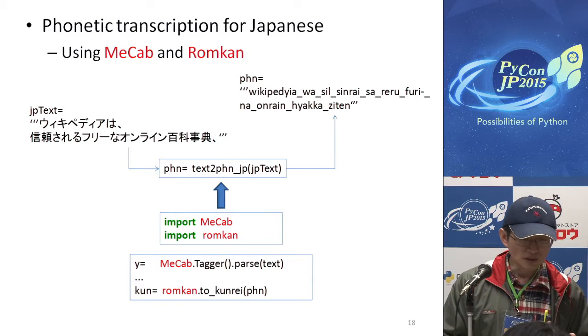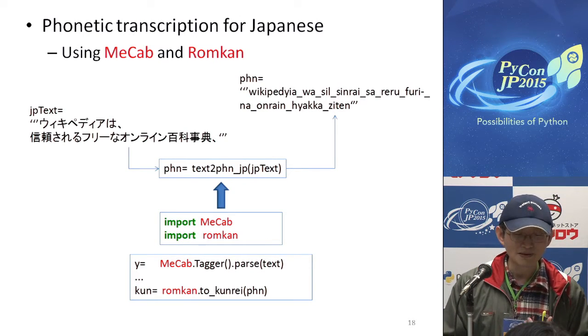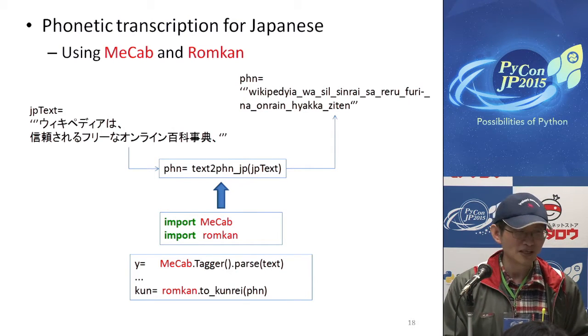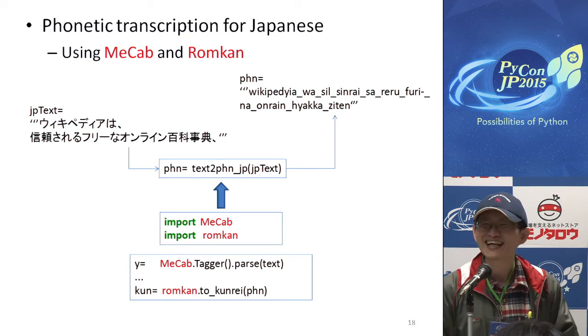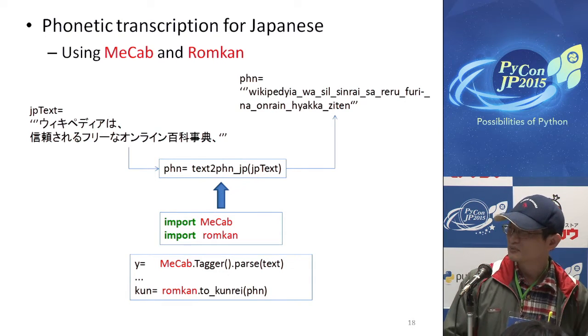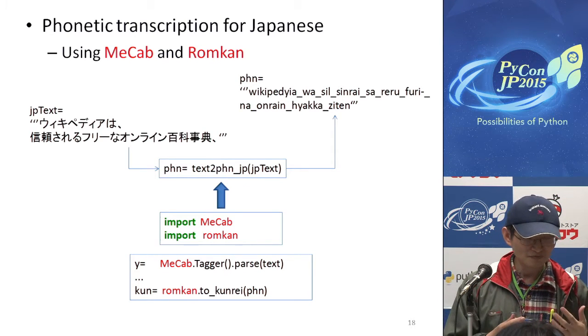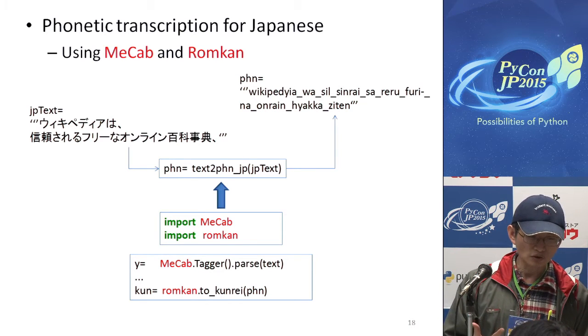And for Japanese, actually, my team, including myself, we are very unfamiliar with Japanese. I myself am at a very kindergarten level. So I just know a little bit about Japanese. But thanks to open source, I found 2 great modules.